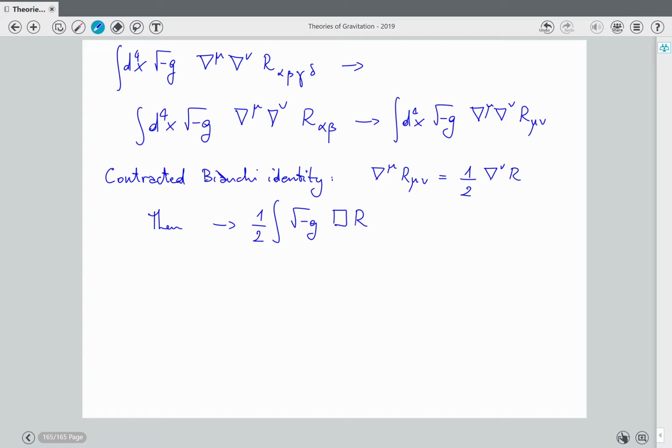So nothing new. So this is for the dimension 4 terms that can be built with two derivatives and one Riemann tensor.